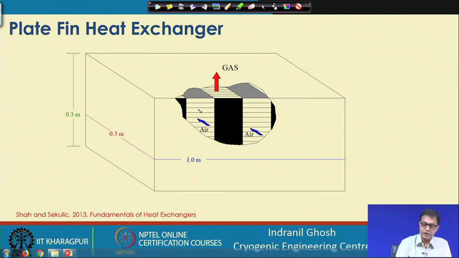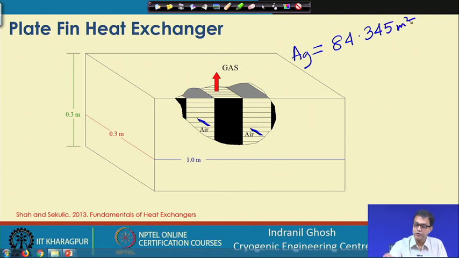For the air side and gas side, we have been able to calculate the heat transfer area, and the heat transfer area for the gas side, A g, has been estimated to be 84.345 meter square. Now, the hydraulic diameter dH, which has already been given for this heat exchanger, is 0.00154.